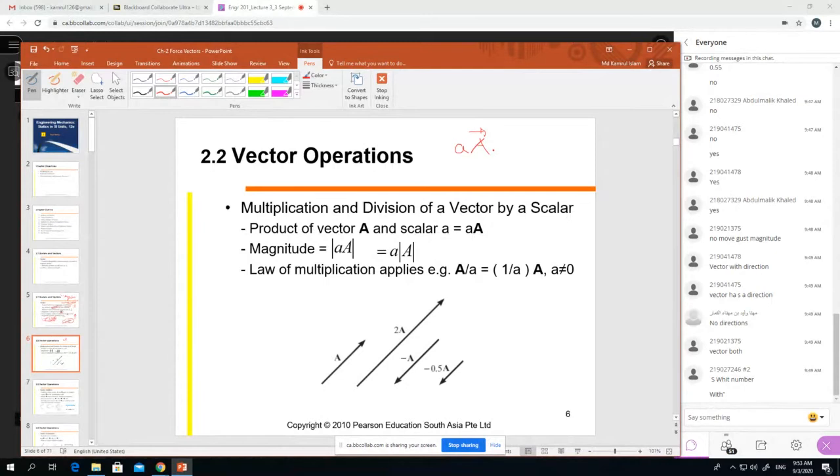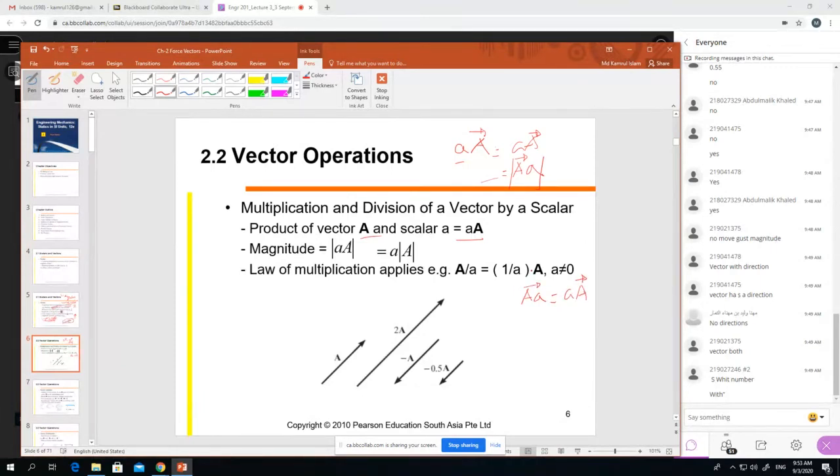If we multiply the vector by the scalar a, our result will be a times the vector, or we can write the vector times a. The order doesn't matter. The product of a vector and a scalar is like this. The magnitude we will find is just the absolute value.